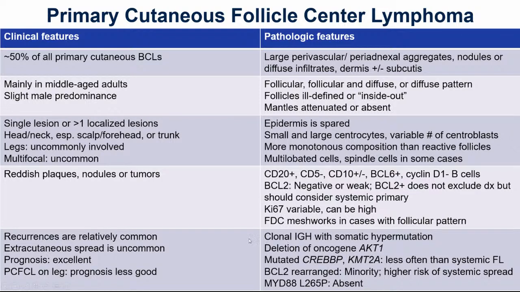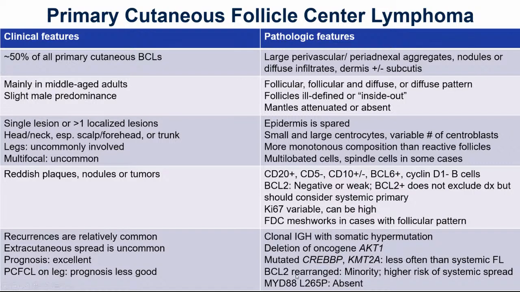As far as genetic changes, one has a clonal immunoglobulin heavy chain gene rearrangement, but there is somatic hypermutation, which is true of follicle-centered lymphomas in other sites as well. Another common change is deletion of the oncogene ACT1. Mutation of CREBBP and KMT2A is found in primary cutaneous follicle-centered lymphoma, but it is less frequent than in systemic or primary nodal follicular lymphoma.